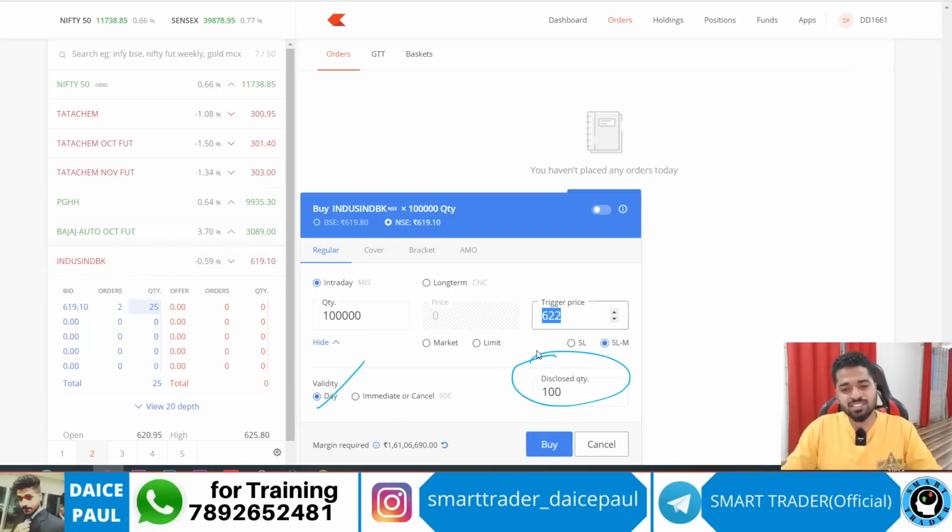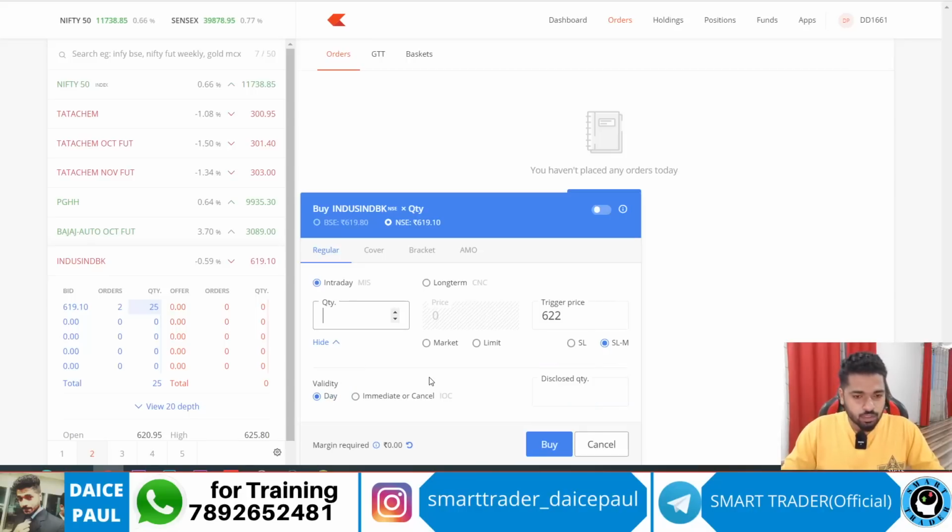It will get triggered. Once that triggers, the next 100 will again be posted at 622. So 100 like that, or 1000, whatever number it is, it will get posted over here. Okay, so this is how disclosed quantity works. So that is one more option. Anyways, not for small traders, only for big traders who are buying in a big size. Okay, anyways, that is all about the regular one.